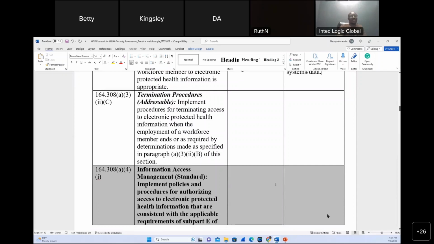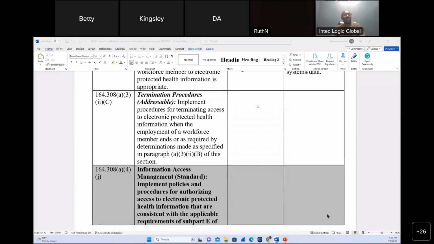Termination procedures. Somebody has gone contrary to the law or to the policies of the company. What should they do? Termination procedures. So what documents should we look out for? Betty? Same HR document. I agree.